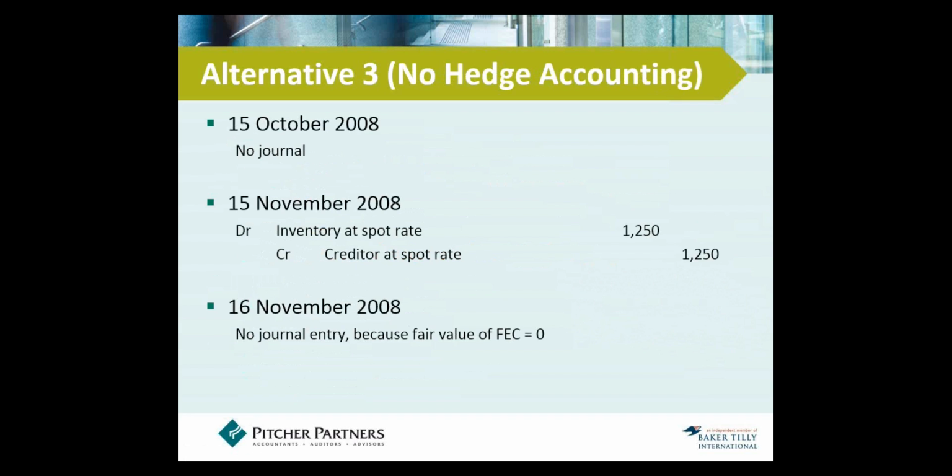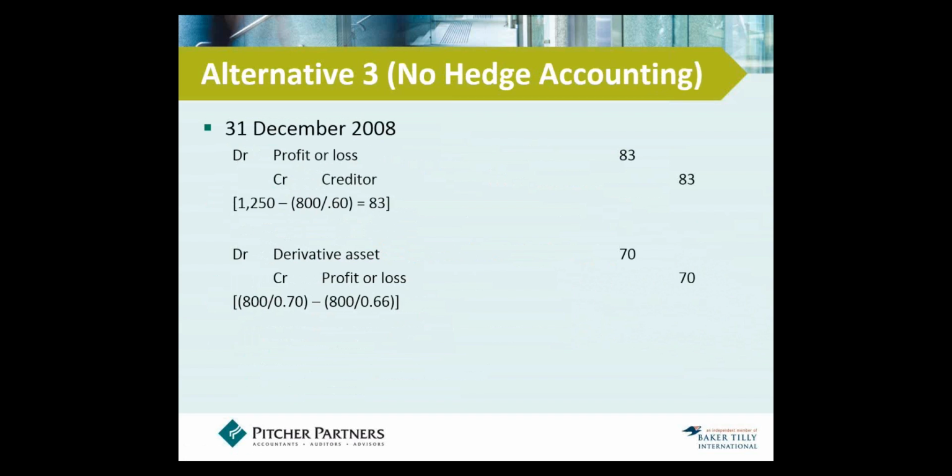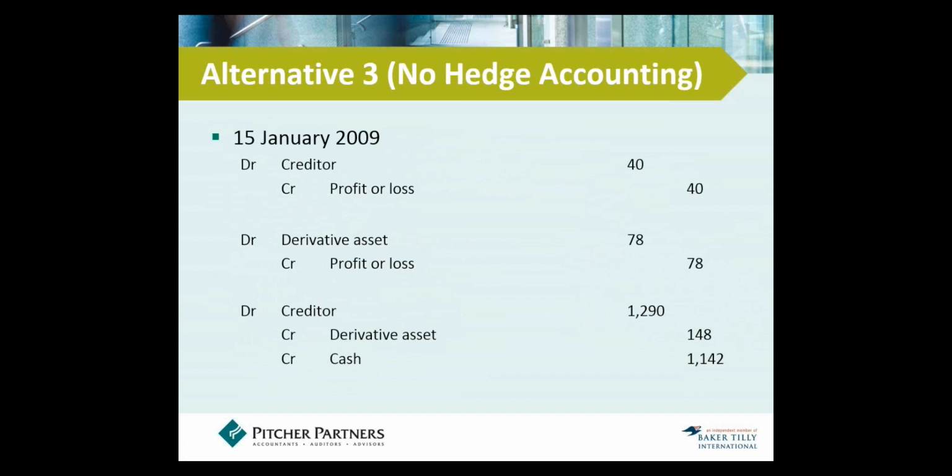So on the 15th of October there's no journal. On the 15th of November they bring in the inventory at the spot rate, the creditor at the spot rate. On the 16th of November, there's no journal entry because the fair value of the foreign exchange contract is 0. On the 31st of December, we have to restate the creditor to the spot rate at year end, and we have to account for the fair value of our derivative asset, which is 70 in this case.